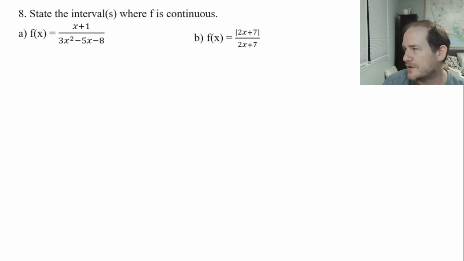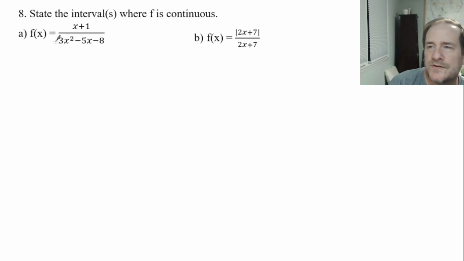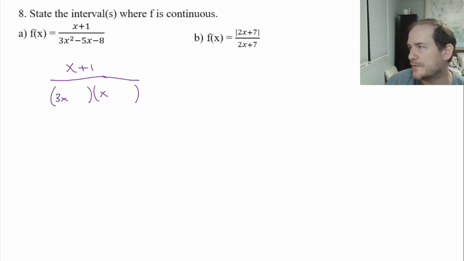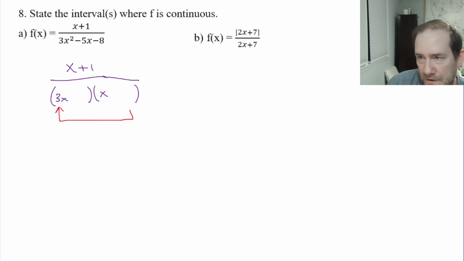Okay. This one says state the intervals where f is continuous. So, okay, sure, fine. What is this? Factor it. If you try to factor, then in the denominator you certainly need a 3x, and you certainly need an x. Then what are the other numbers? Well, don't forget when we do this, we're going to multiply the outers, and we already have a factor of 3. Then we're going to multiply by the inners, and we don't yet have a factor of 3.